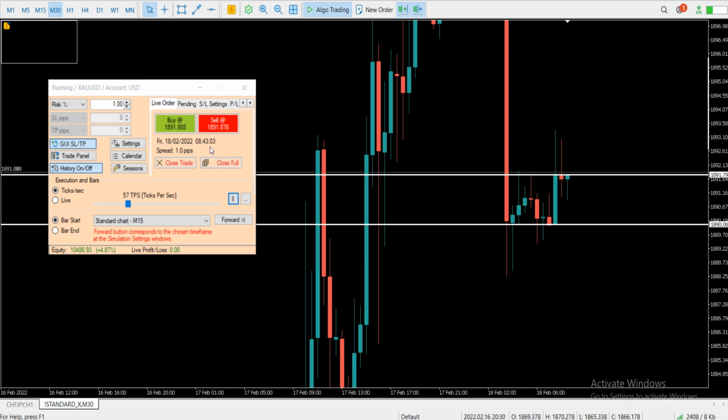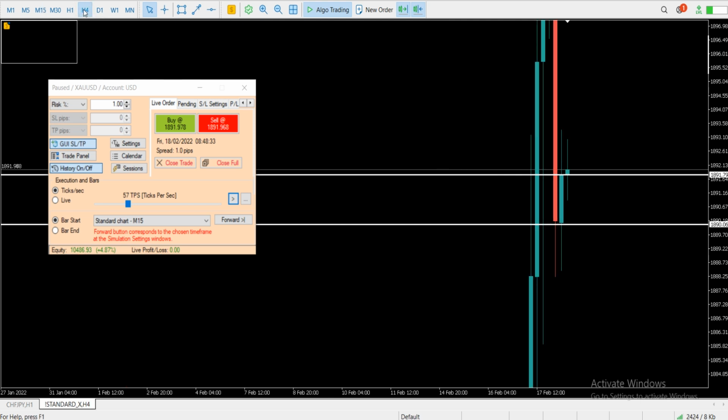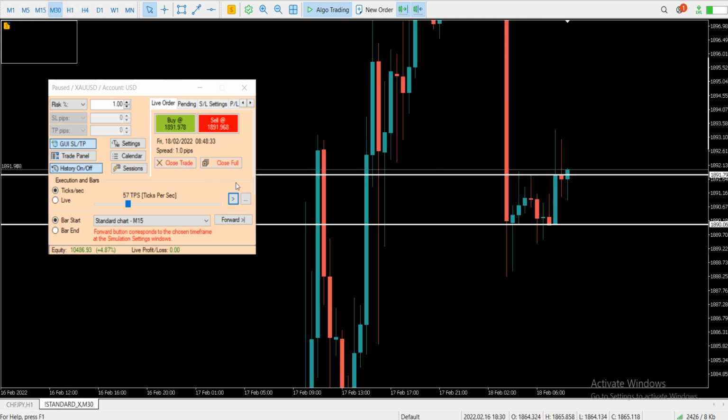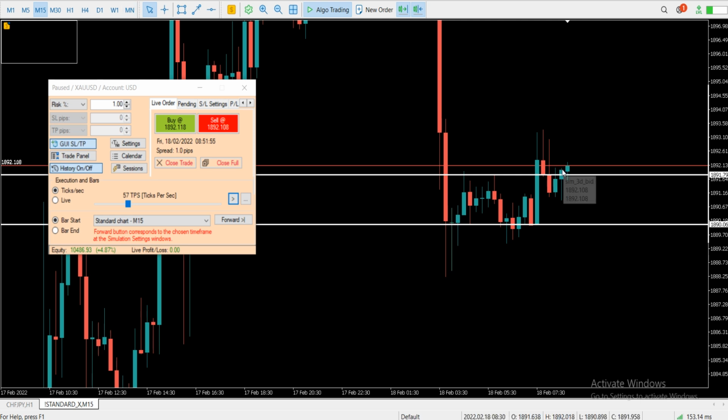M15 candle is going to close in 2 simulation minutes, 1 minute, and it closed bullish. Let's take a look at M15. 15 closed bullish, 4 hour. Let's just wait here for the 30-minute candle to close, because I'm getting some sort of confirmations here, right?